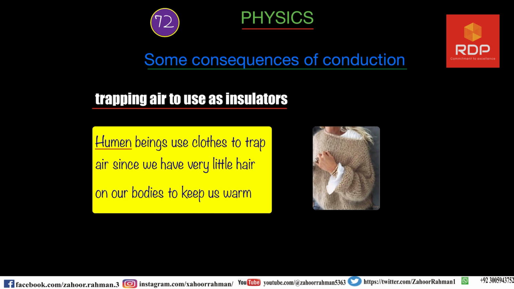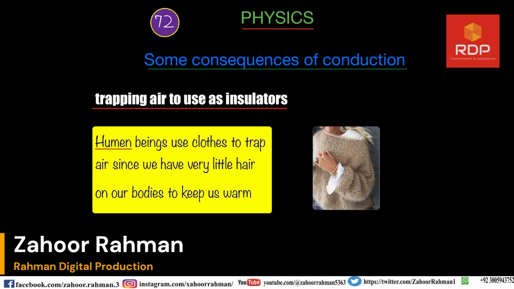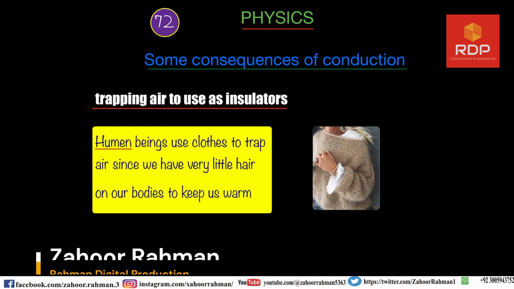What about the human? Human beings need clothes to trap air since we have very little hair on our bodies to keep us warm, and that is what I wrote in the yellow box.